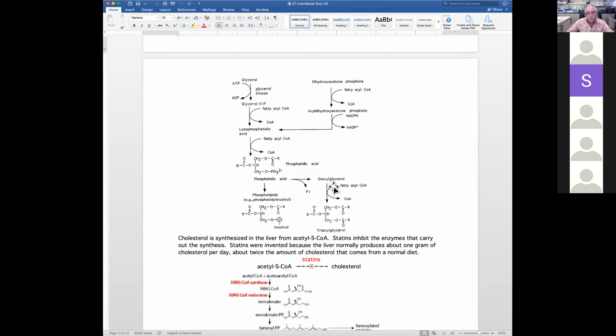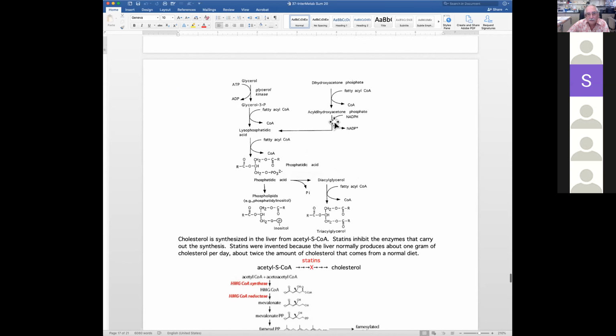And so here's a few other pathways. So you can see glycerol turning into glycerol 3-phosphate. And then here's dihydroxyacetone phosphate. You take this and you combine it to make lysophosphatidic acid. That means it's got 2 fatty acids on it, not 3.